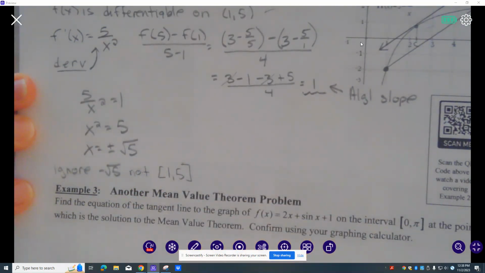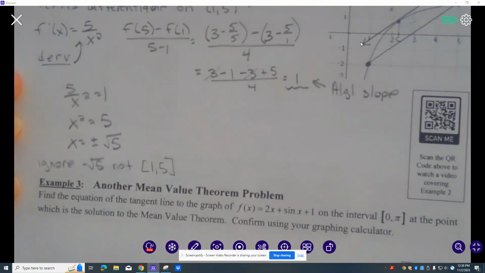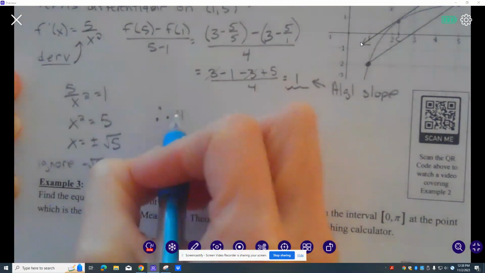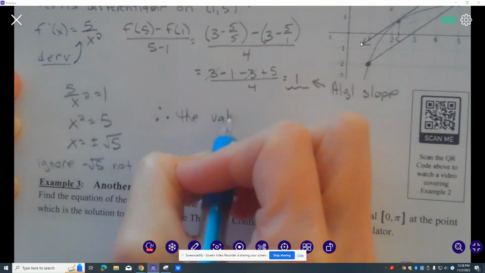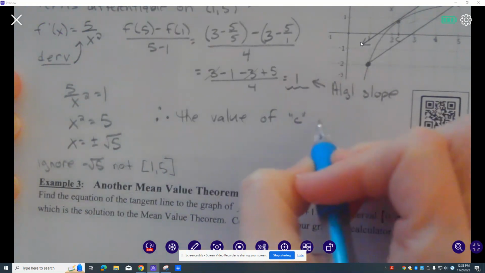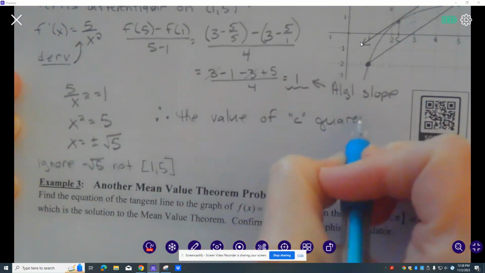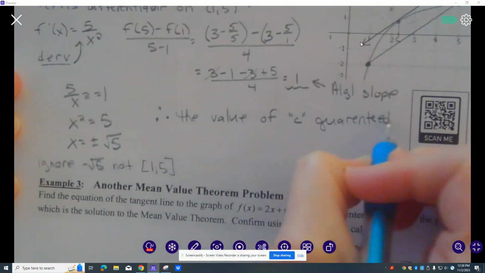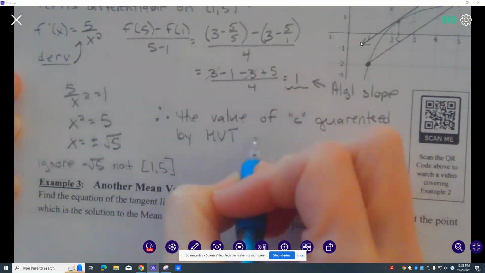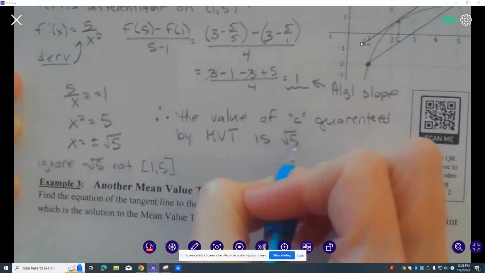So we're going to ignore the negative answer. So therefore, the value of C guaranteed by mean value theorem is square root of 5.